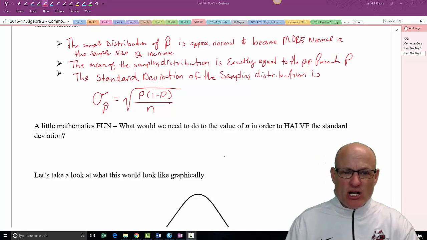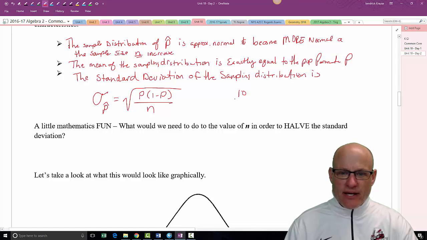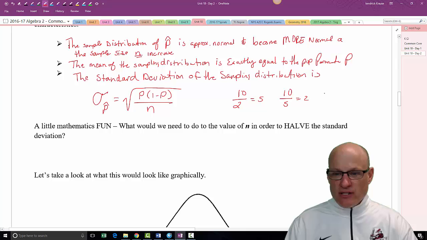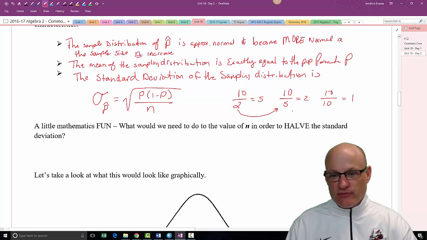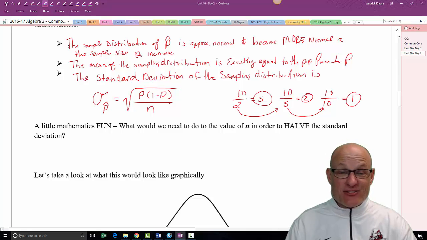All right, so let's talk about a little bit of number theory. If I take 10 and divide it by 2, I get 5. If I take 10 and divide it by 5, I get 2. If I take 10 and divide it by 10, I get 1. So as my denominator increases, what's happening to these numbers? They're getting smaller. Now that should make sense.